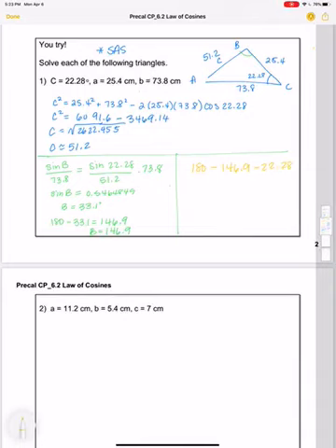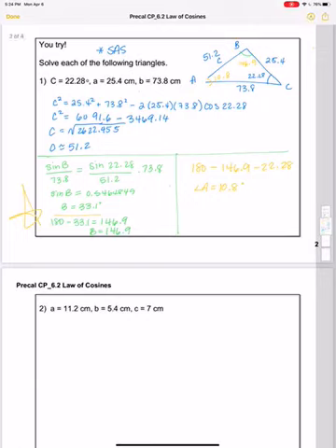And 180 minus that number minus 22.28 is angle A, 10.8 degrees. Now that makes sense because that is the smallest angle across from the smallest side. So 10.8, and then this one was 146.9. So that all lines up and makes sense. So this part right here you had to be careful on. Though we got that B was 33, that in the end doesn't end up making sense, and so you have to be very careful there.